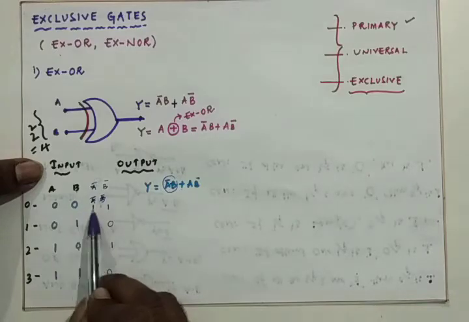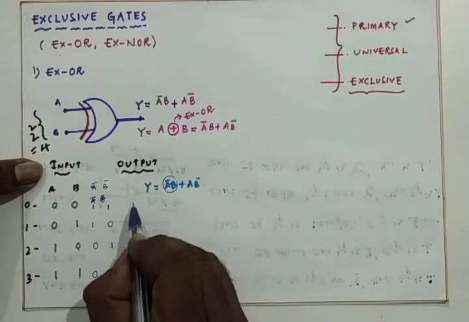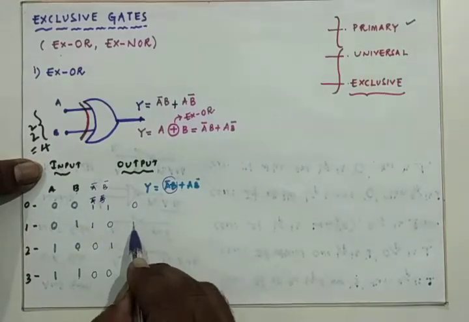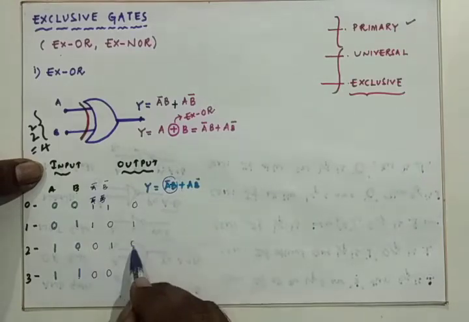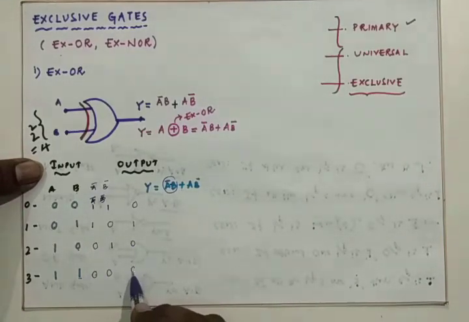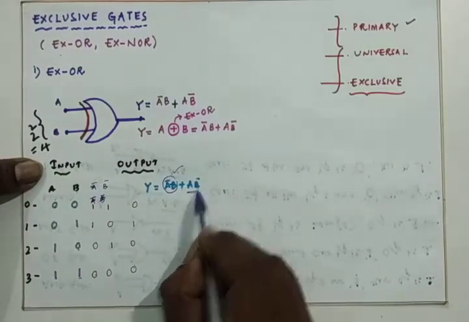A bar into B: 0 into 0 is 0, 1 into 1 is 1, 0 into 0 is 0, 1 into 0 is 0. This term is completed. Next we need to have A B bar plus.